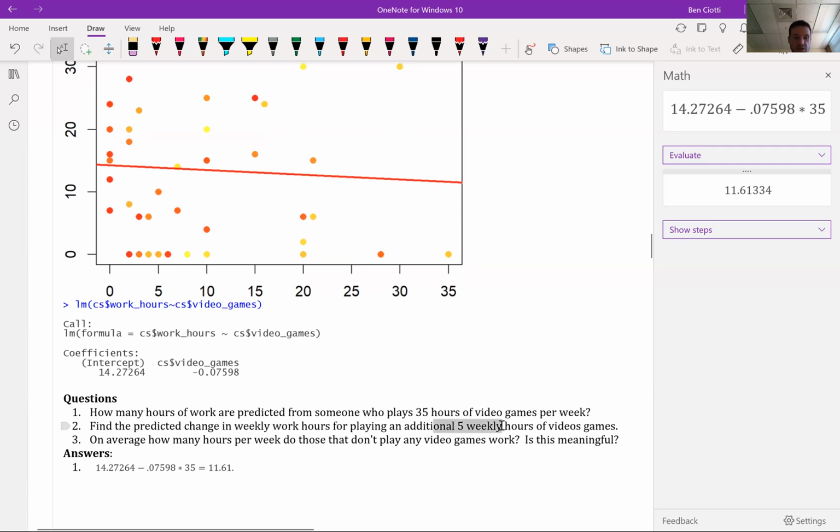If you play an additional 5 hours, so if delta x is 5, then delta y is 5 times negative 0.07598.